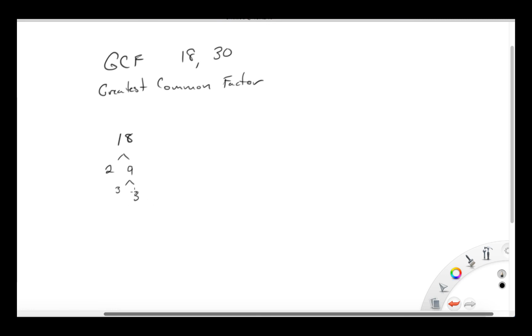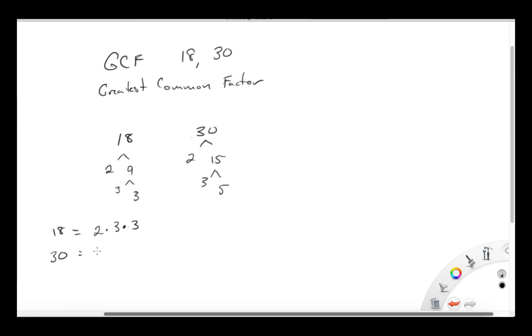In other words, 2 times 3 times 3 equals 18. Okay? So let's do the same thing for 30. Because it's even, let's divide by 2. We know that's 15. We know we can divide it by 3 and get 5, and we can't go any closer.